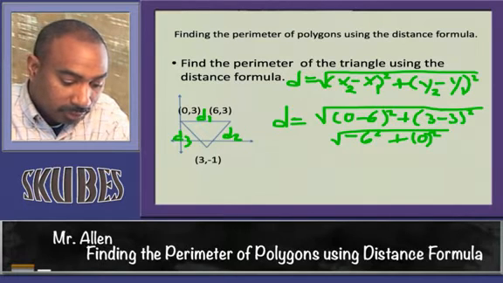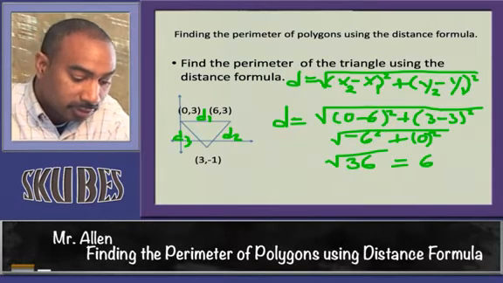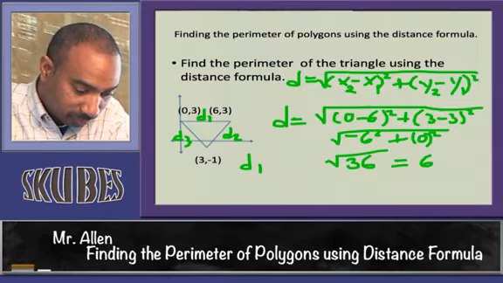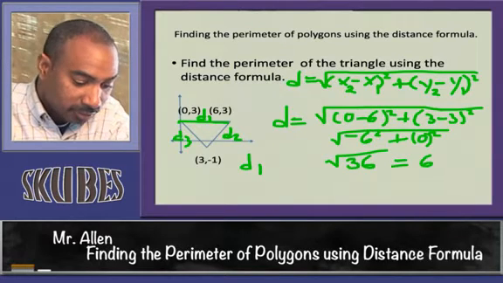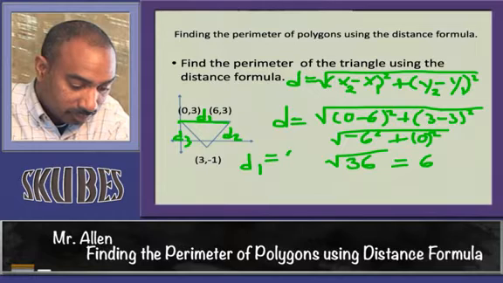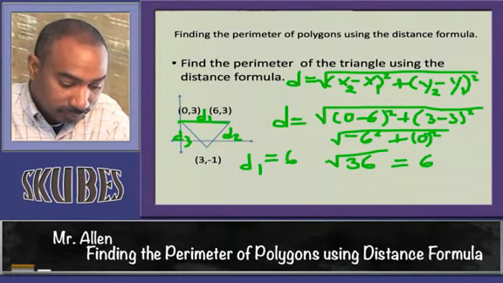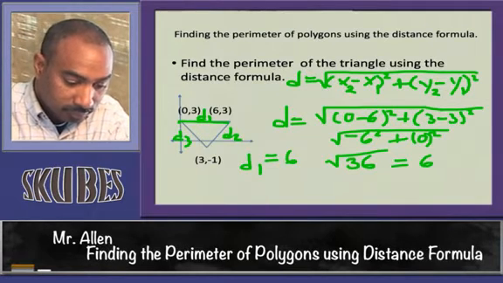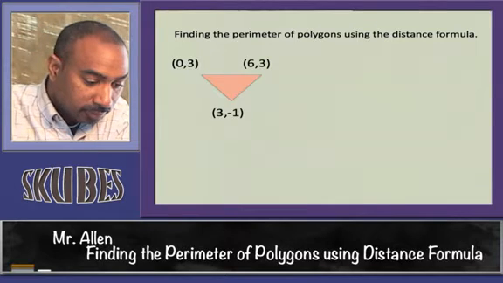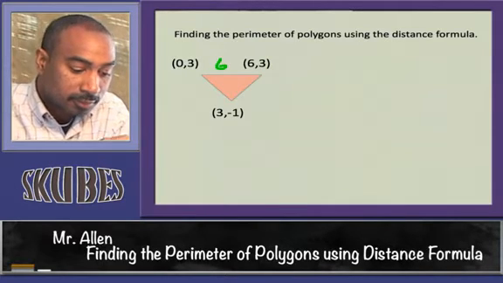And you're going to wind up with 36. The square root of that is 6. So you know the distance of the first part of this is going to be 6.